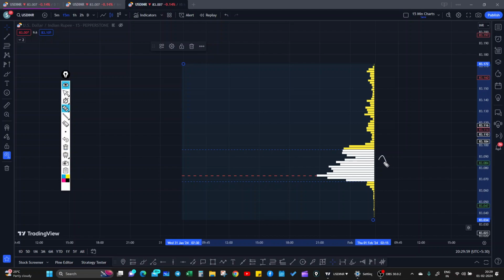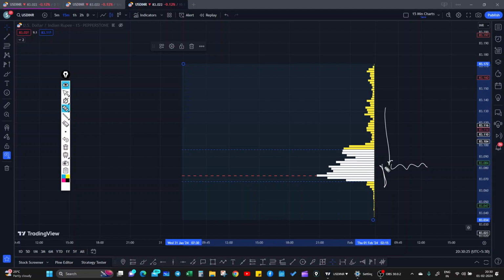This is 70%, and the rest 30% is spent here. Based on this information, it is easy to understand what the reaction will be when the price meets there. Is it going to go sideways here, or is it going to break out?